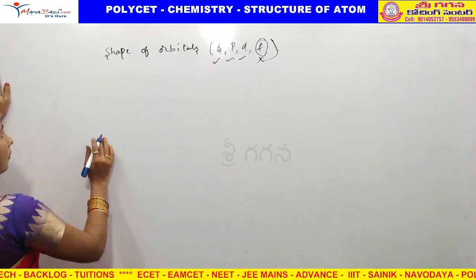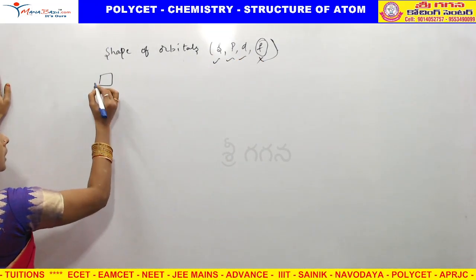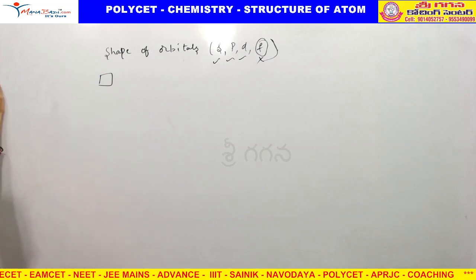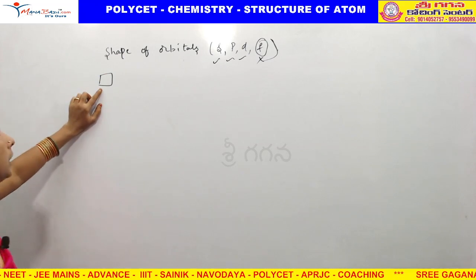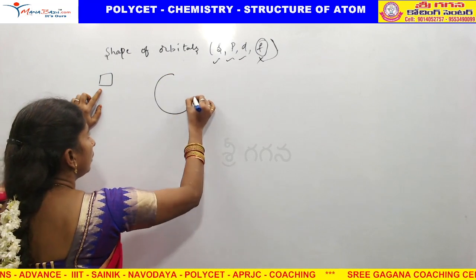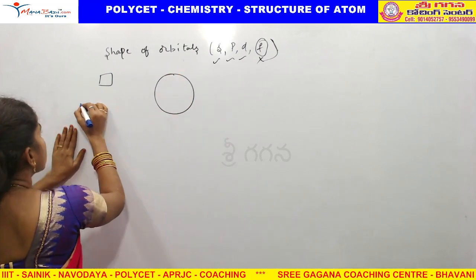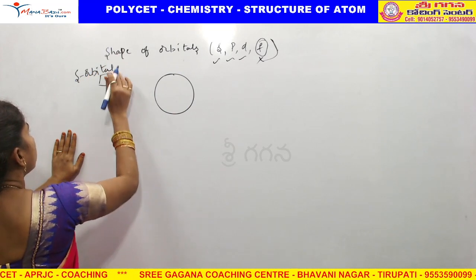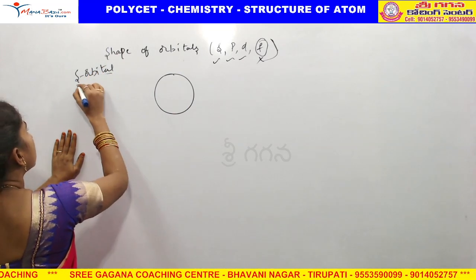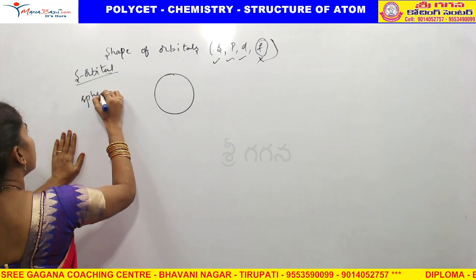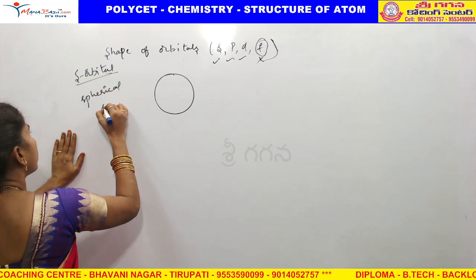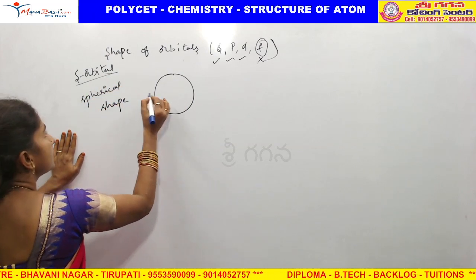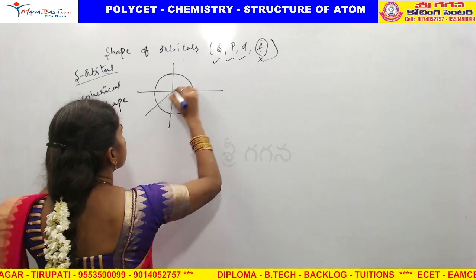s means only one box is there, according to the m magnetic quantum number. So it is having only one orbital, in spherical shape. This is the s orbital.